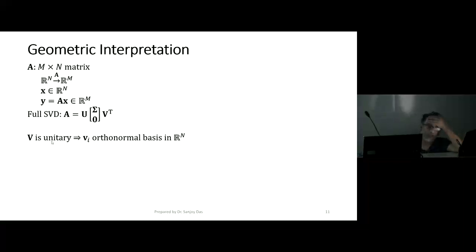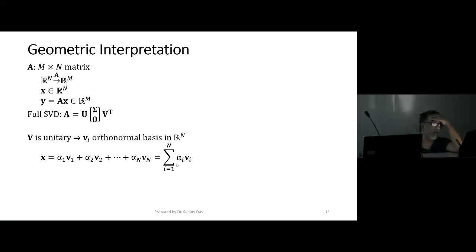V is unitary, right? So the columns Vi form an orthonormal basis in n dimensions. So any vector x in n dimensions can be expressed uniquely as a linear combination of V1 through Vn: alpha 1 V1 until alpha n Vn.